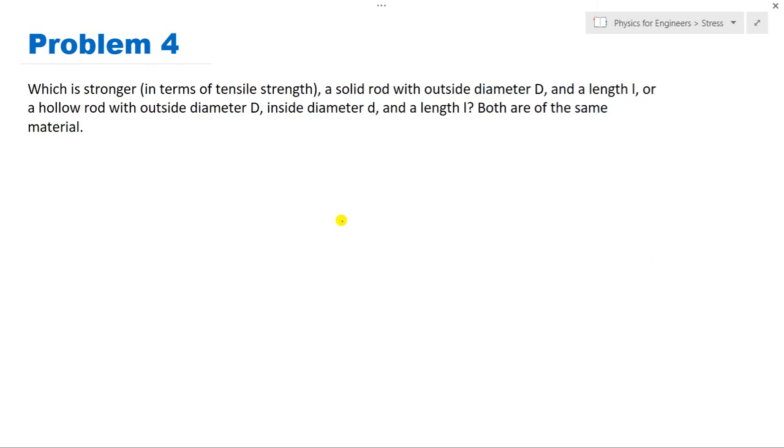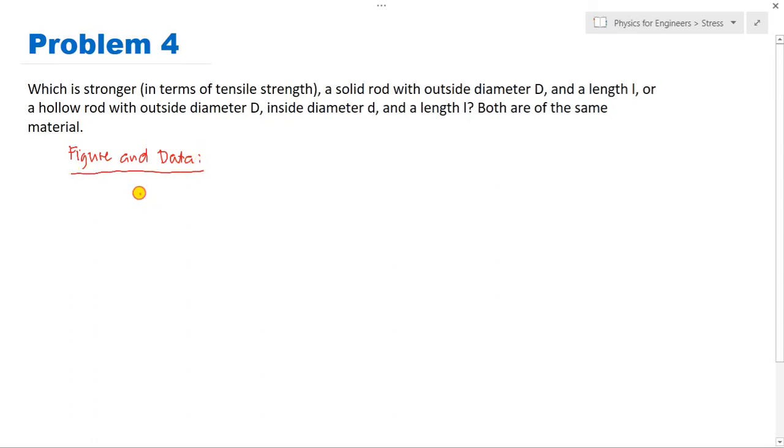Which is stronger: a solid rod with outside diameter D and a length of L, or a hollow rod with outside diameter D, inside diameter d, and a length L. Both are of the same material. So write the figure and data.